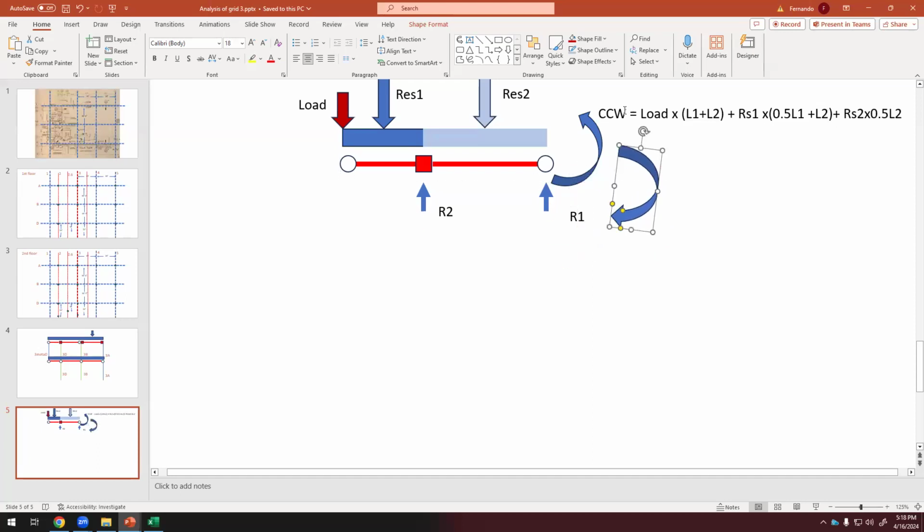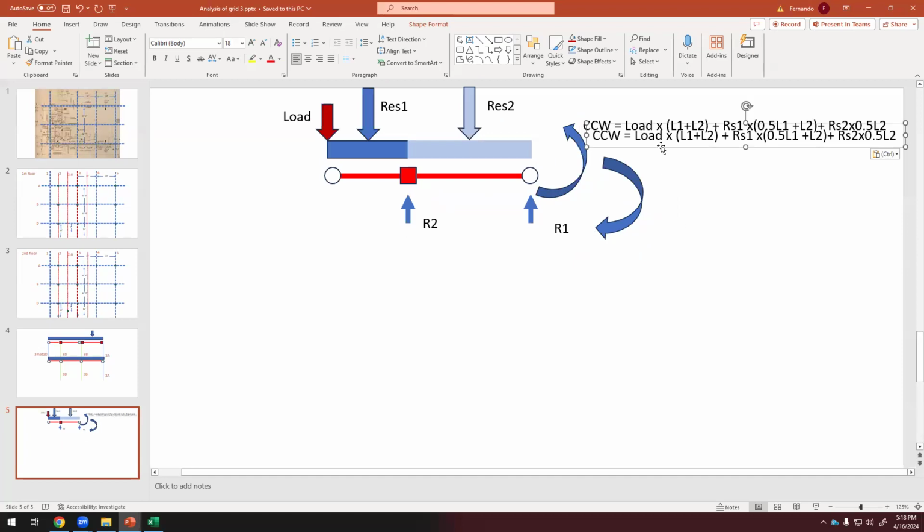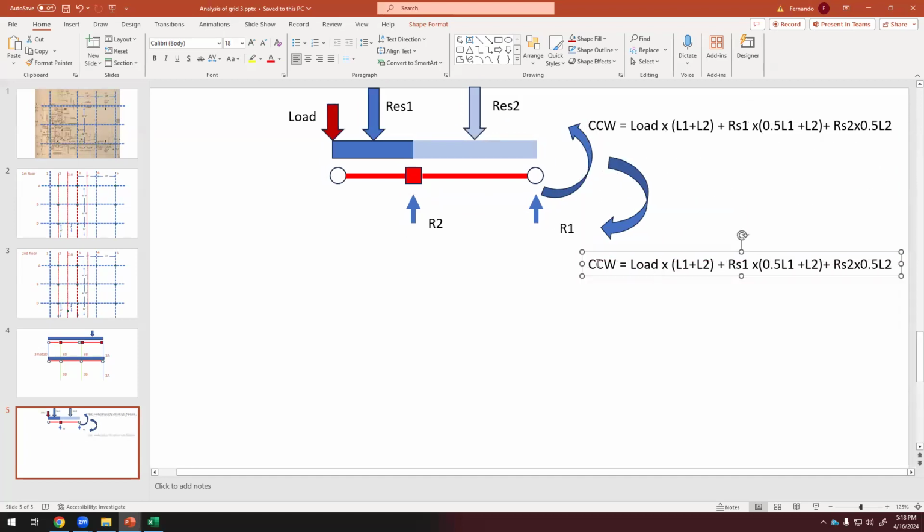Okay, so that's the counterclockwise, and now the clockwise is R2 times L2, and that's it.